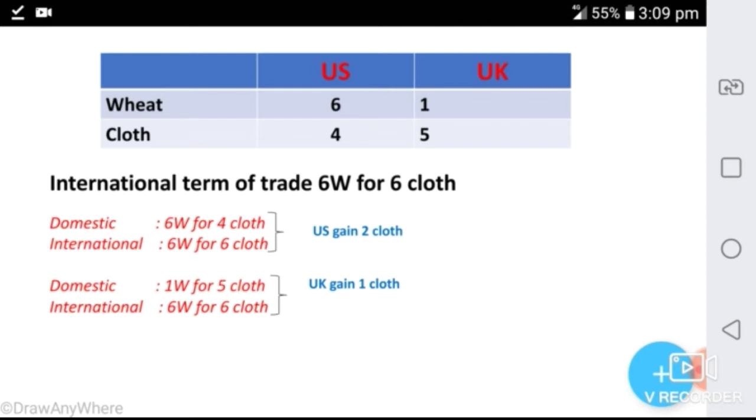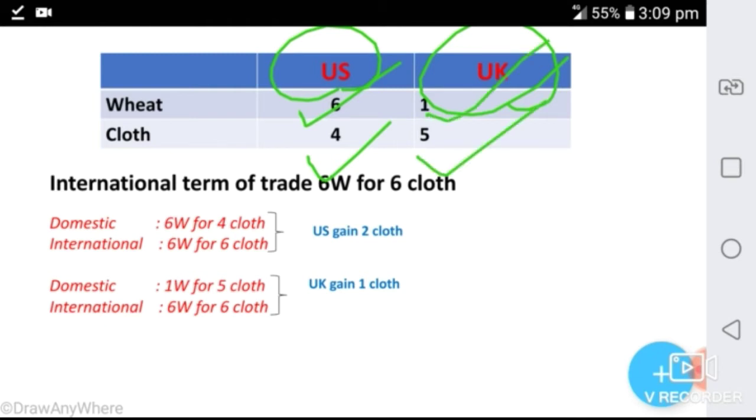Similarly, in UK, 1 hour of labor can produce 1 unit of wheat and 5 units of cloth.